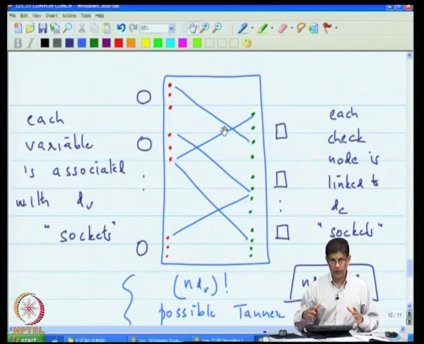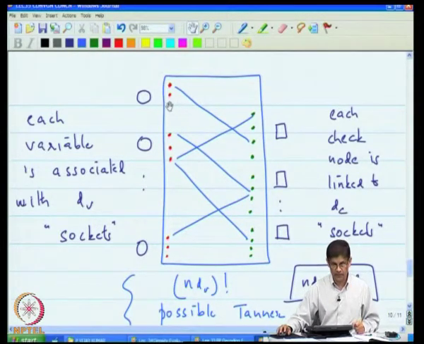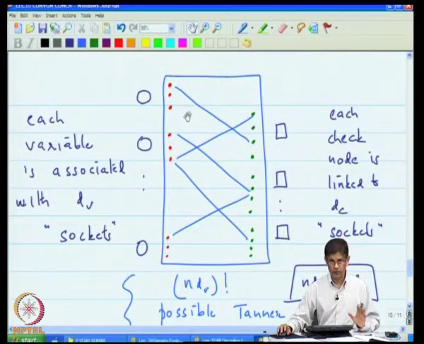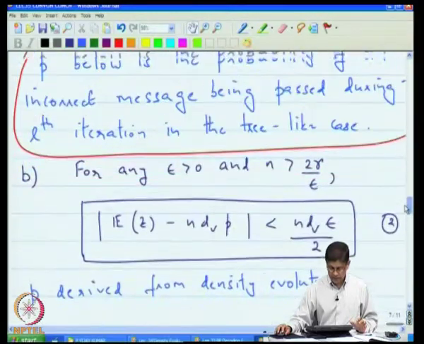So, in the vast majority of cases you will not get repetitions of that type. But even if you do, it turns out that you can average over those graphs as well, although in practice you will not use a graph which has multiple edges between the same pair of variable and check node. Okay. But in the interest of time I am not going to pay attention to that. So, let us move on and ignore that. I will refer you to the paper if you want to see how that is handled.